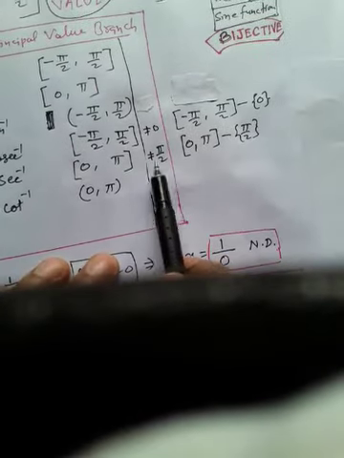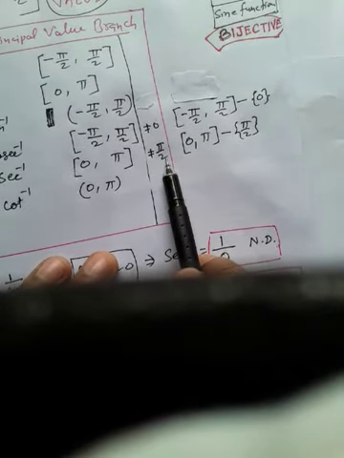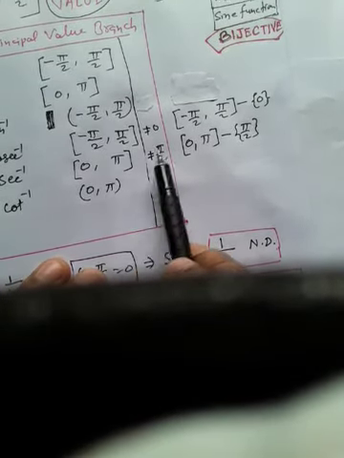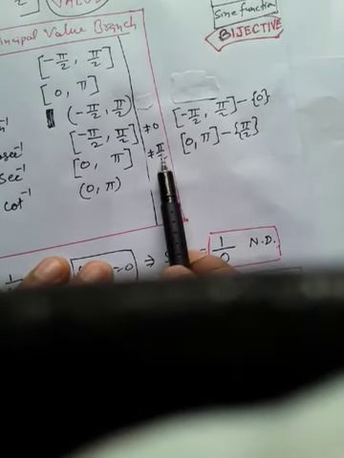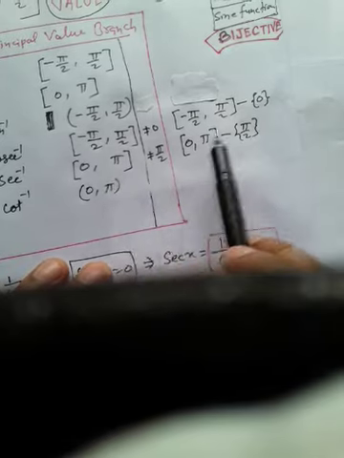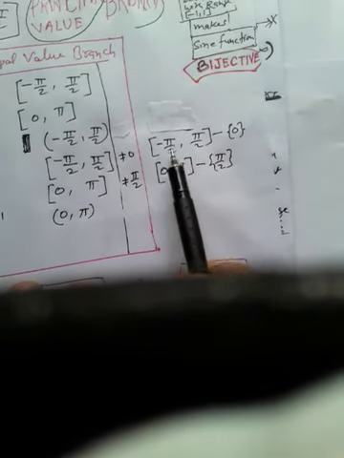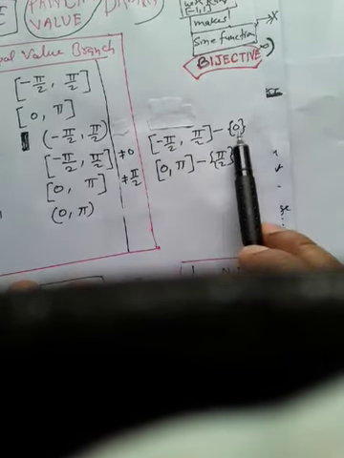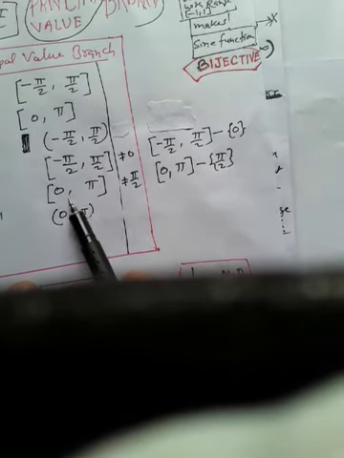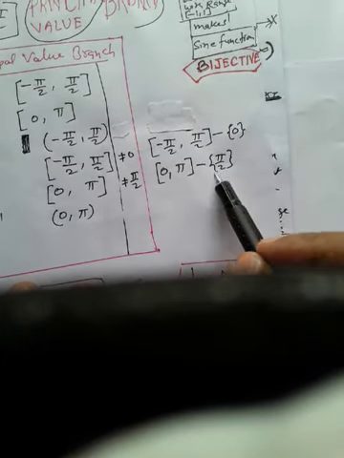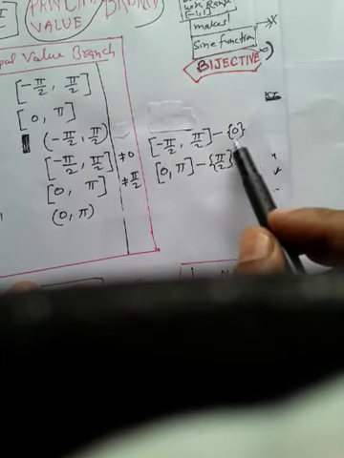And remember in sec inverse, pi by 2 you cannot take, because pi by 2 will come in between 0 to pi. So we can write this as this interval minus this value. Be careful about this, here you must use curly brackets.